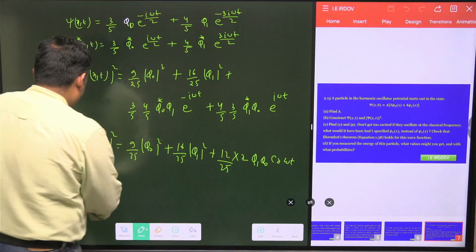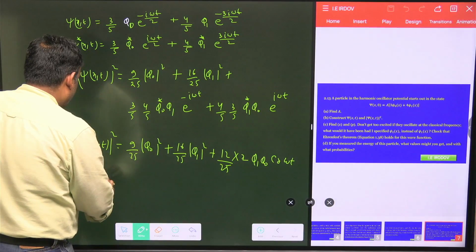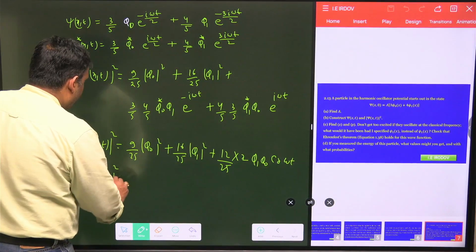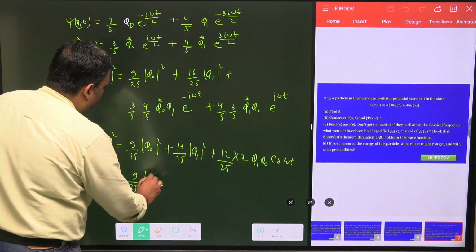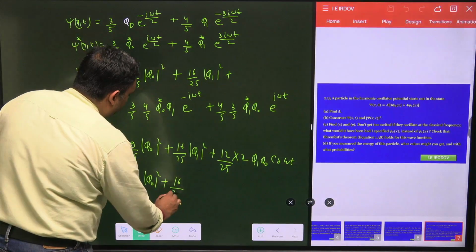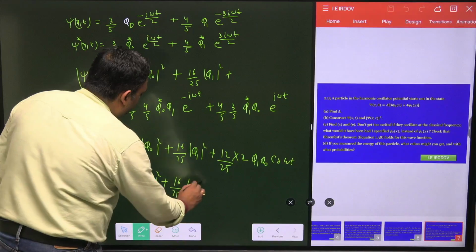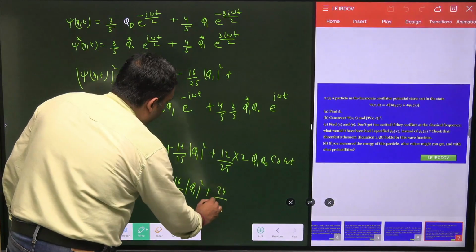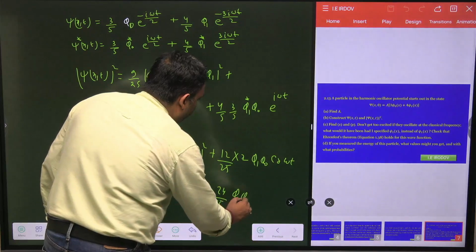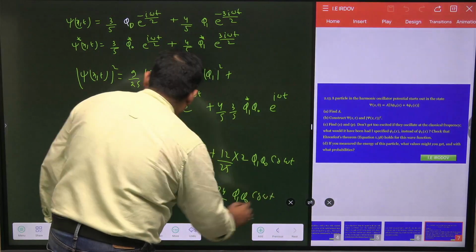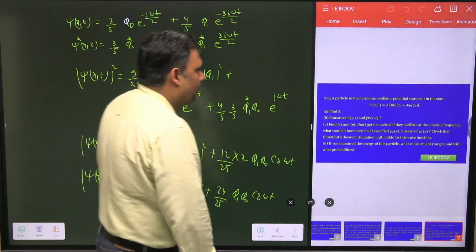So what is your mod psi t square? Mod psi t square is equal to 9 upon 25 phi naught square, 16 upon 25 mod phi 1 square, plus 24 upon 25 phi 1 phi naught cos omega t. So this is my mod psi t square.